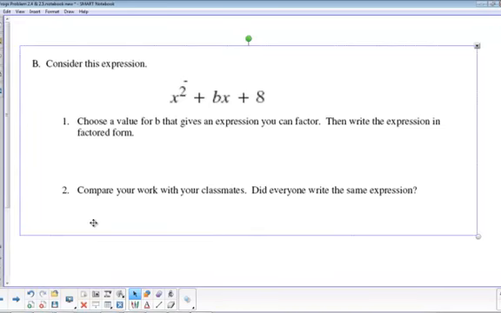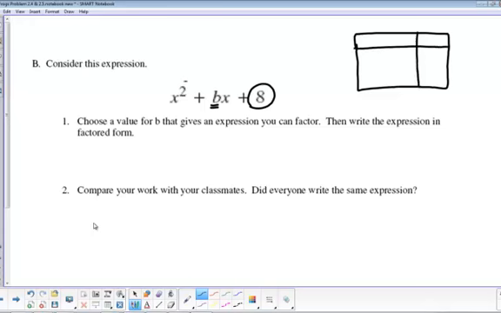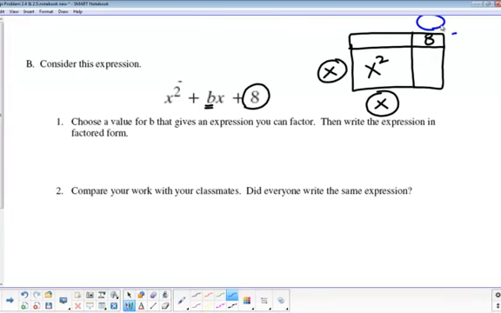So the next question is the same thing. It's saying, what is the middle term if the last term is 8 to make this factorable? So I'm going to think about my box here. And since this is an x squared, I know both of those are x's. For my 8, I need to figure out what two numbers multiply to give 8. And I'm going to actually color code this.